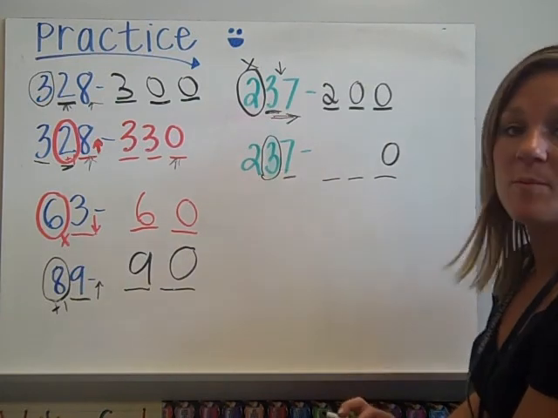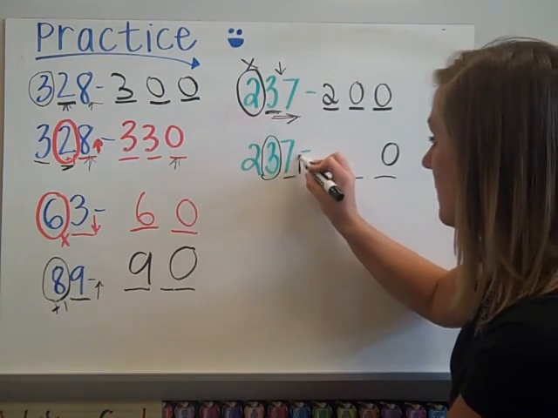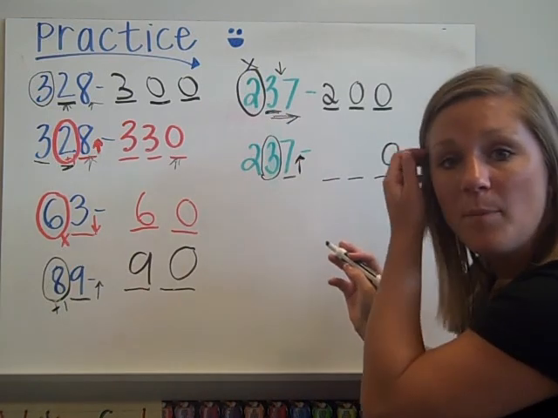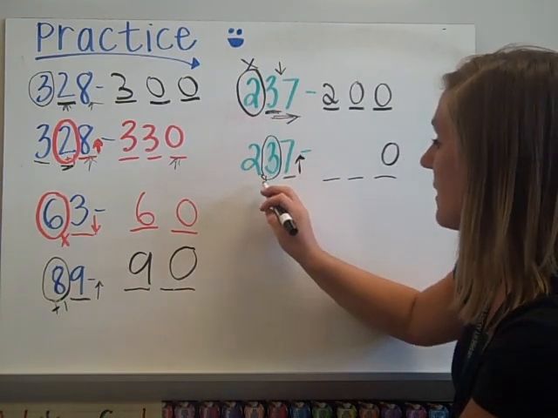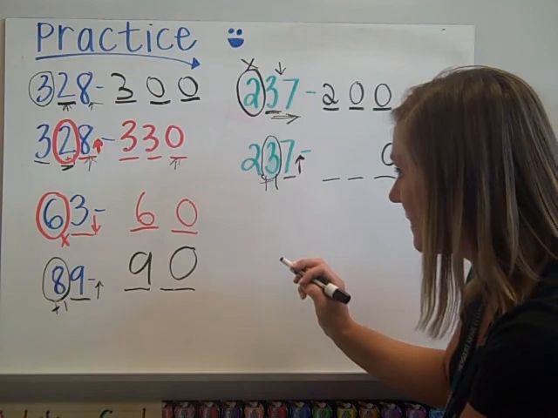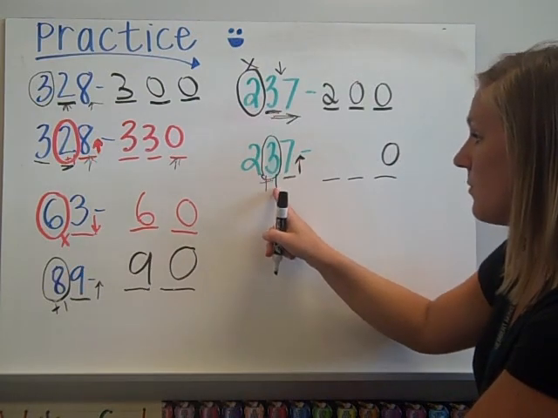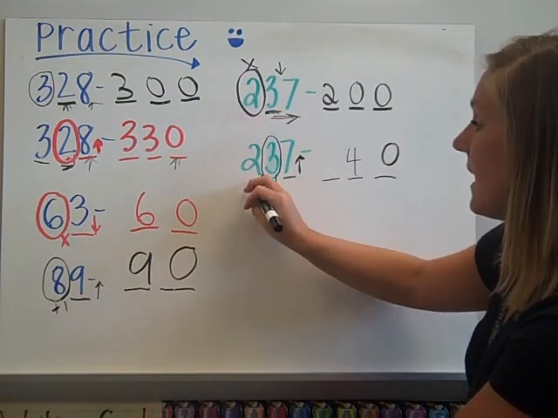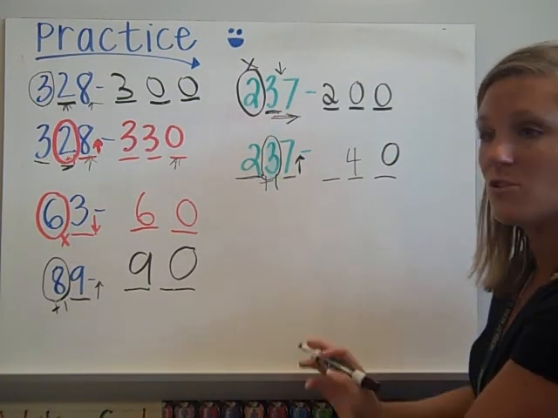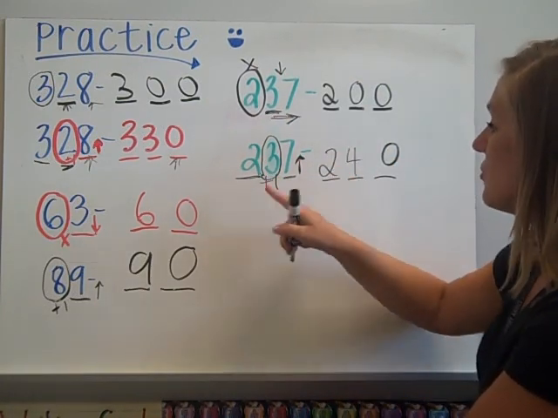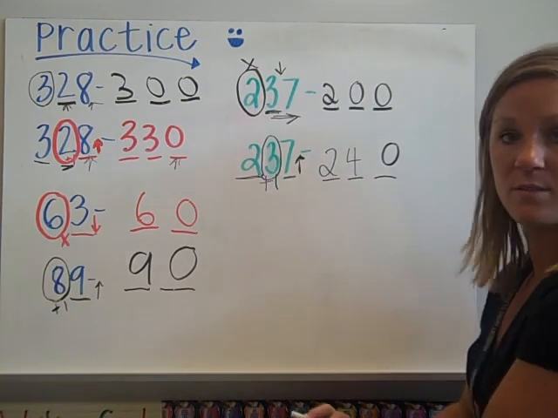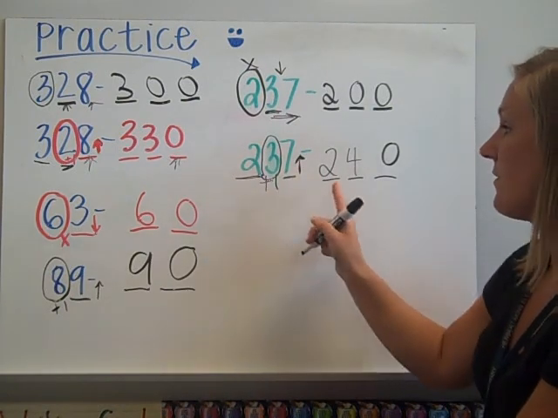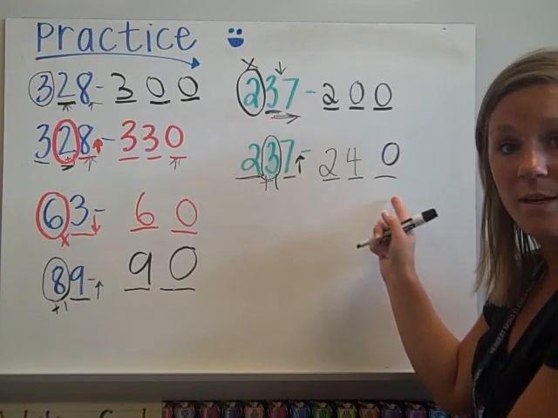Okay, 7 tells me I need to round up. When I round up, the circled digit is going to increase, or I'm going to add 1. 3 plus 1 is 4. Add my 4 here. And then again, this number is not going to change. So this rounds to 240. Okay? 237 rounds to 240.